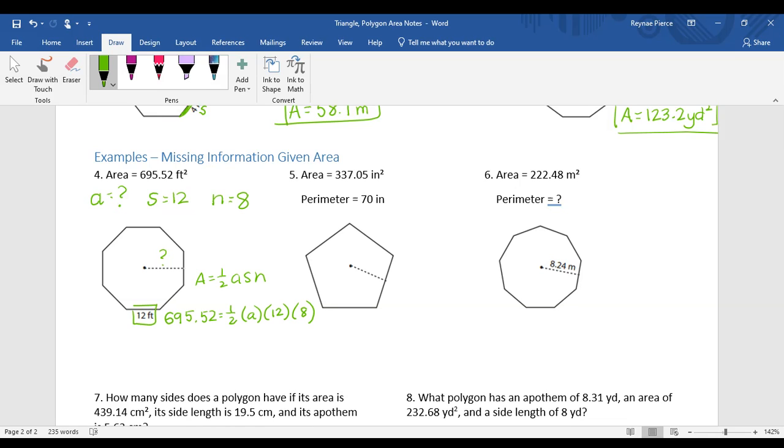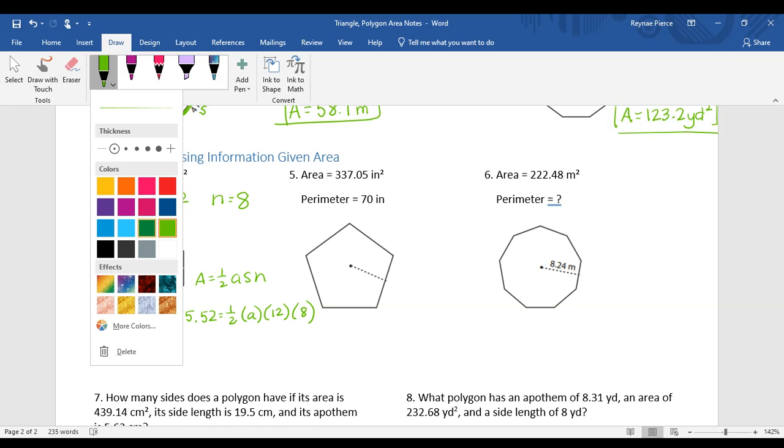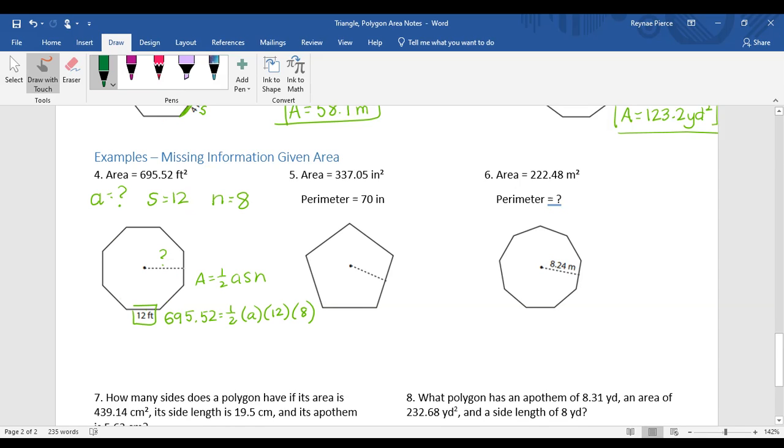Now what's going to be easiest, I think, for these is to go ahead and multiply 1/2 times 12 times 8. My left side stays the same for now. 1/2 times 12 times 8 is 48.